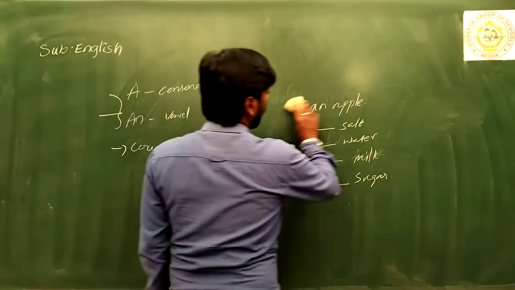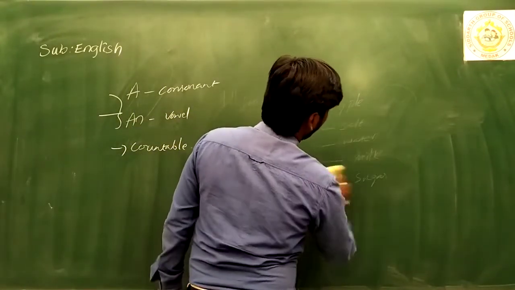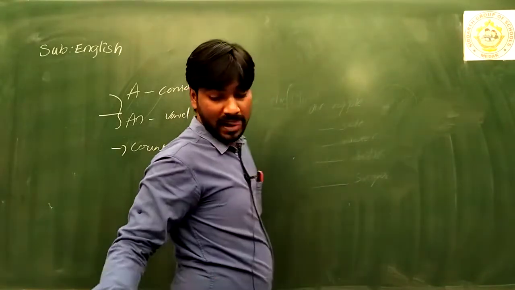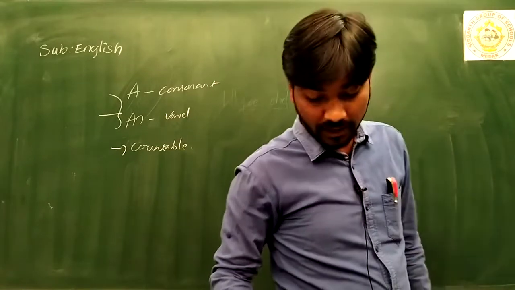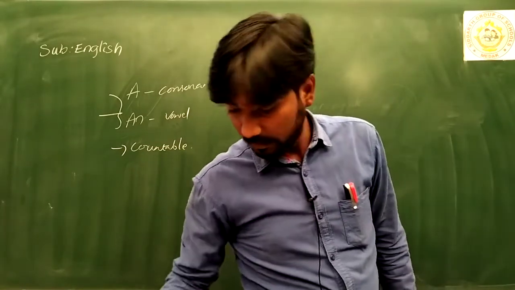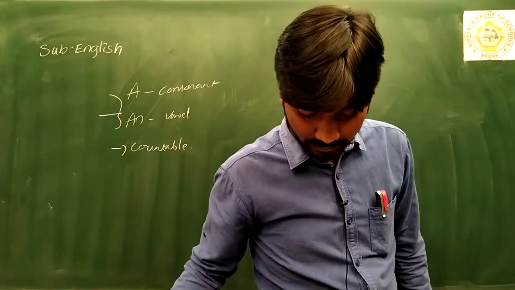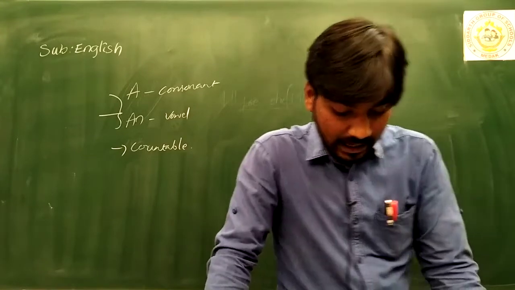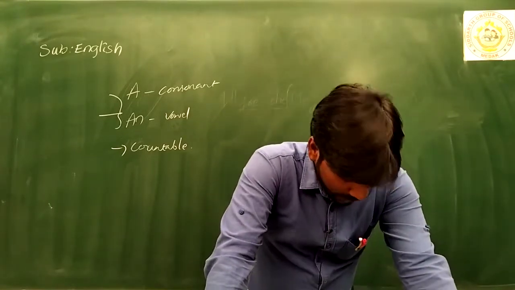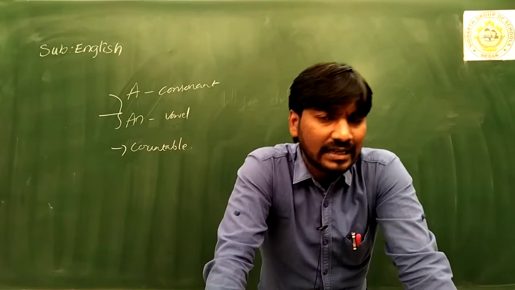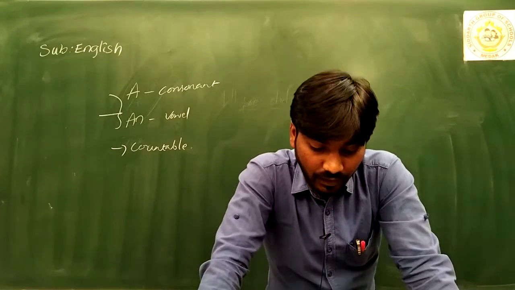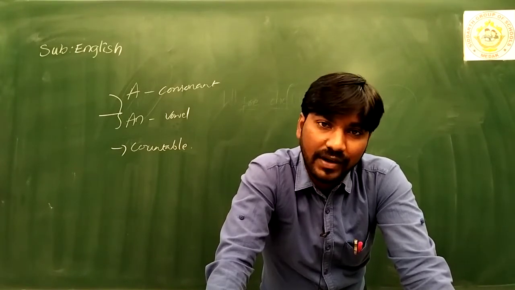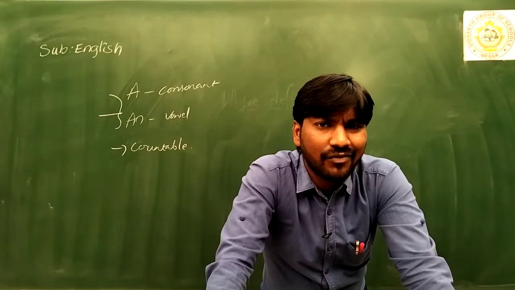Coming to rule number 3, what we learned in the previous class. We discussed the definite article and the indefinite article. We call the as the definite article, and a or an as indefinite articles.